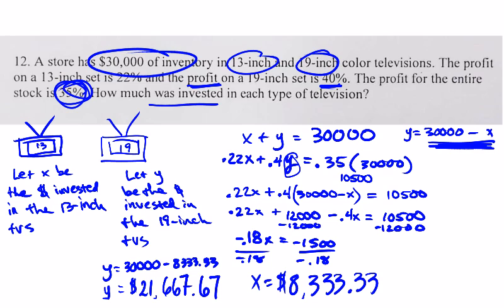And so for the 19-inch TVs, we've invested $21,666.67, and for the 13-inch TVs, we invested $8,333.33. All right, have a great day.